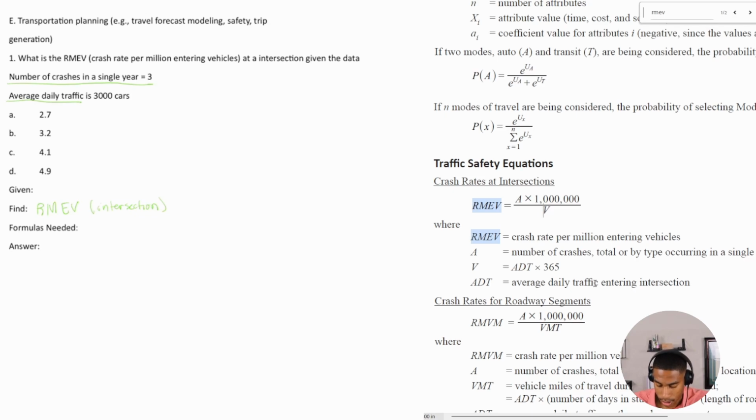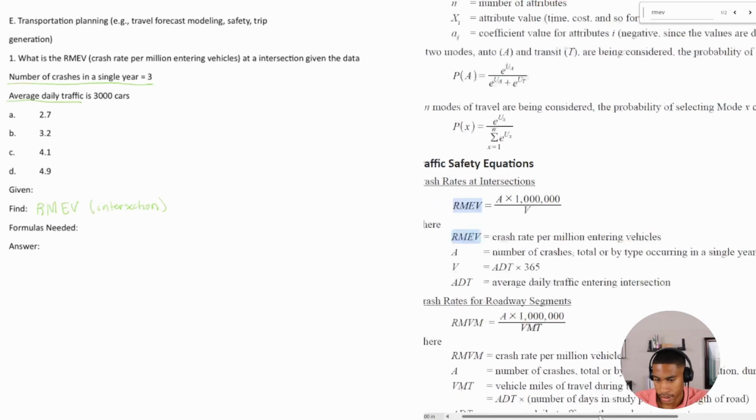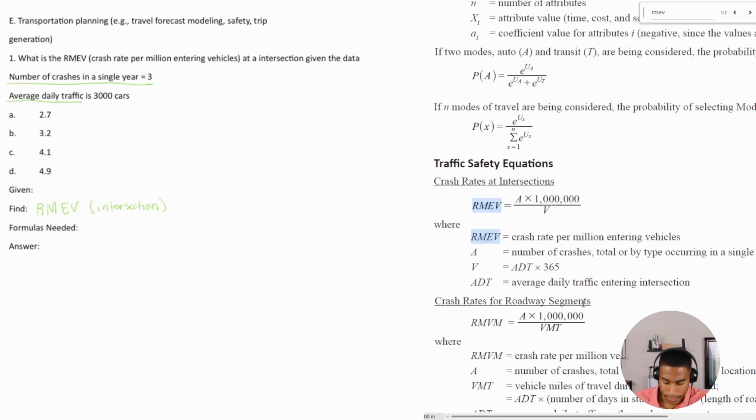So this is at an intersection. Okay, so the variables that we need are A and V. So do we have A? A is the number of crashes in a single year at the location. So we have A, which equals 3. Okay, information is given. This is why we write this stuff out.